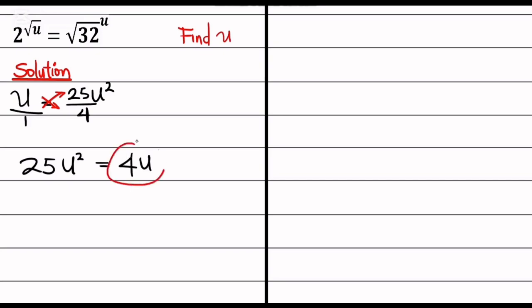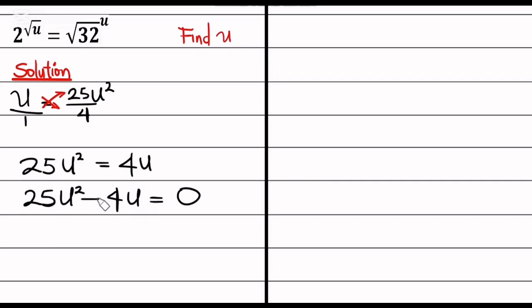Then bringing this one to the left hand side, we have 25u squared minus 4u equals 0. Even without a thorough checking, you can see that I have u present here and I have the same u present here. What if I bring out the common terms by factorizing?